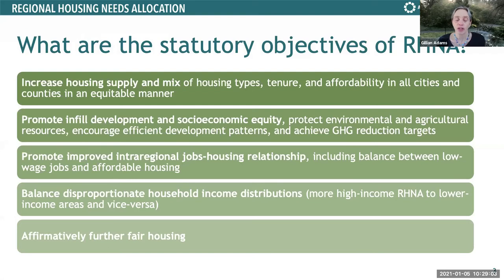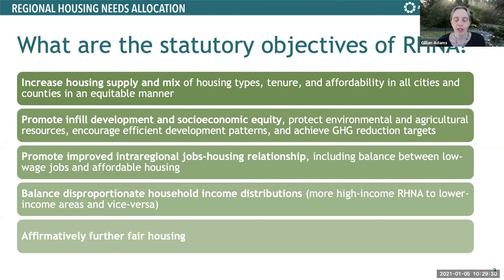The RHNA allocation must meet 5 objectives that recognize the importance of comprehensively planning for housing in ways that also promote equity, strengthen the economy, improve connections between jobs and housing, and protect the environment. The last objective here, affirmatively further fair housing, is a new addition to this RHNA cycle, probably one of the most important recent changes to housing element law.